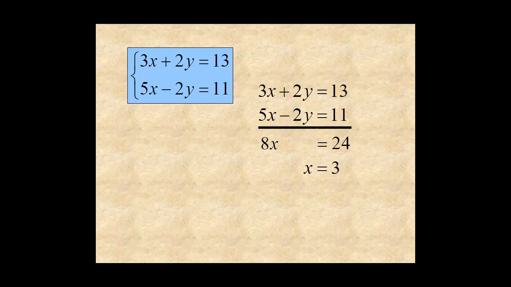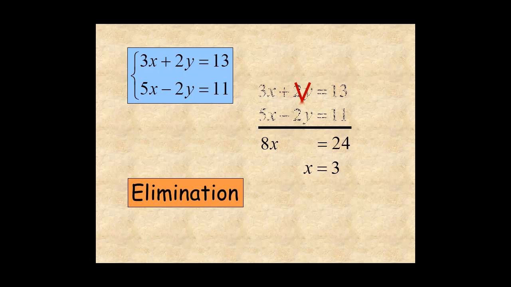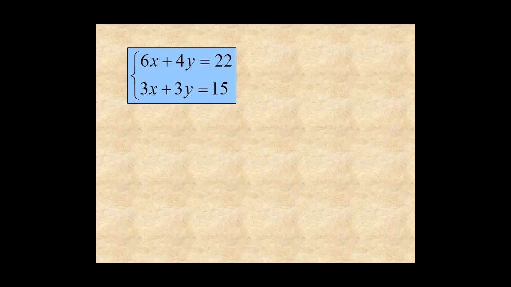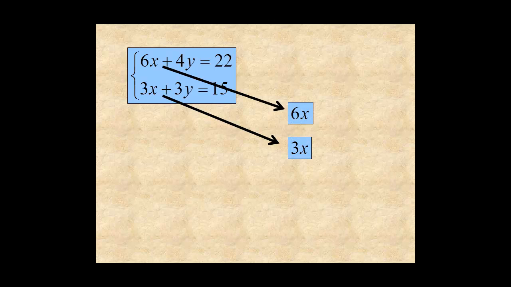This method for solving a linear system is called elimination, but it's not usually so easy. In this example, notice the x variable can be eliminated since 6x is a multiple of 3x.